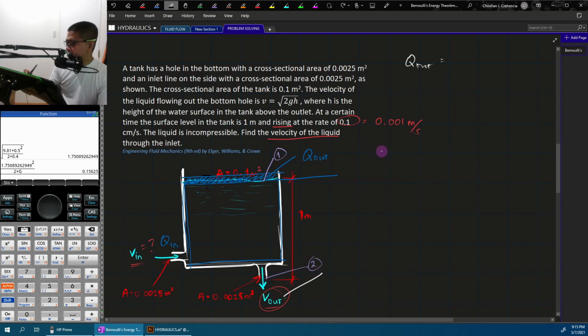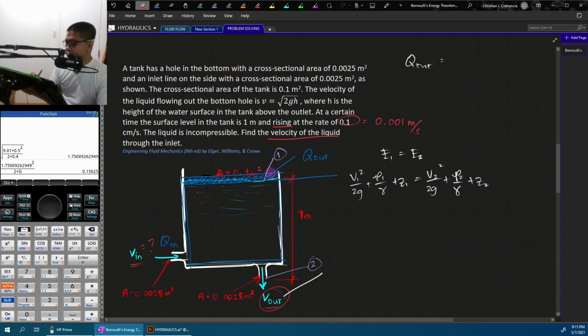And if we equate yung energy sa point 1 sa energy at point 2, so V1 squared over 2G plus P1 over gamma plus Z1, and this is equal to V2 squared over 2G plus pressure 2 over unit weight plus Z2.